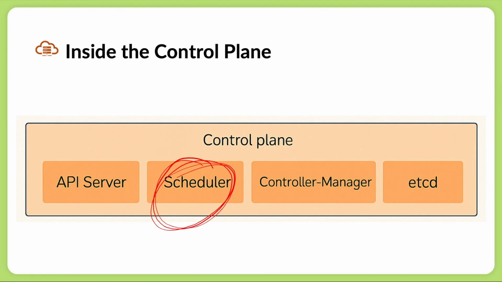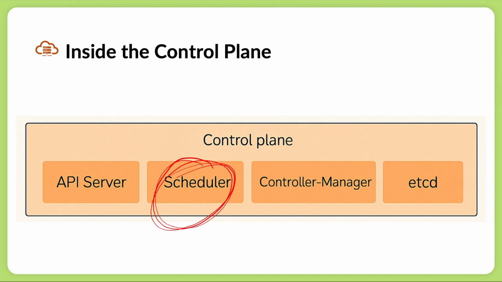This decision making is taken care of by the scheduler. Now when we say we need 3 containers, the scheduler decides maybe the first 2 containers will go on node B, whereas container C will go on node A.